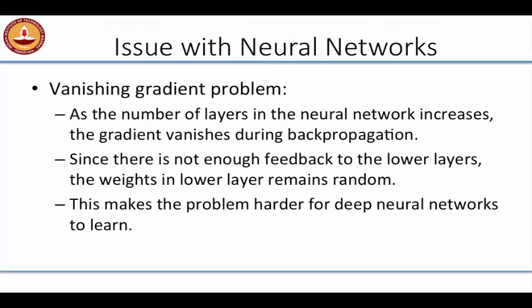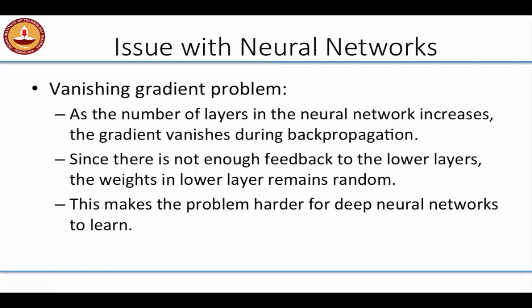Further, there was this problem called the vanishing gradient problem. People quickly figured out that if you have many layers in the neural network, it was easier for the network to represent more complex functions, even though the standard three-layer network was a universal approximator.